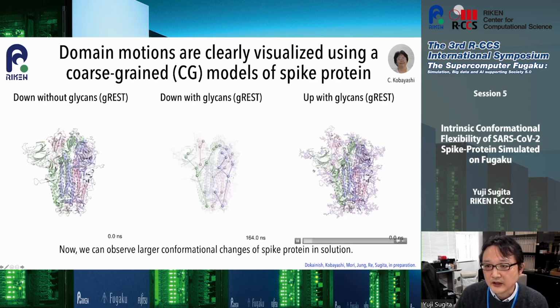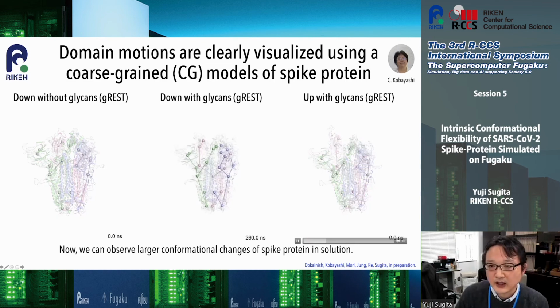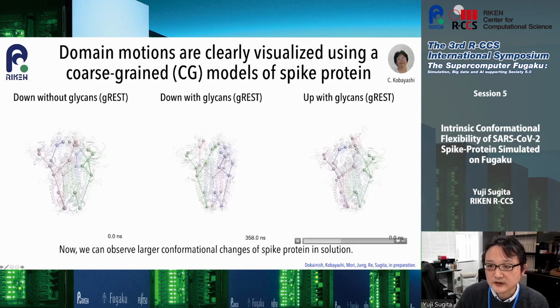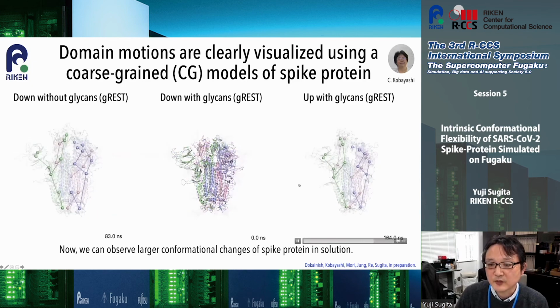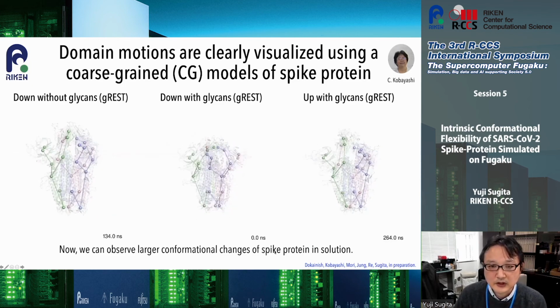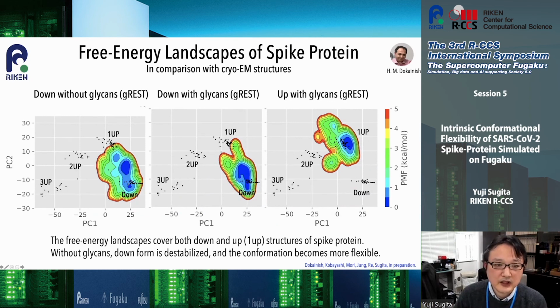And also, if we start from the up form with glycan, not only the one-up, but also the two-up structure can be seen. So in this way, we simulated much wider conformational spaces using a new method, GREST SSCR. We are now investigating the landscape and structures sampled in this simulation in more detail.